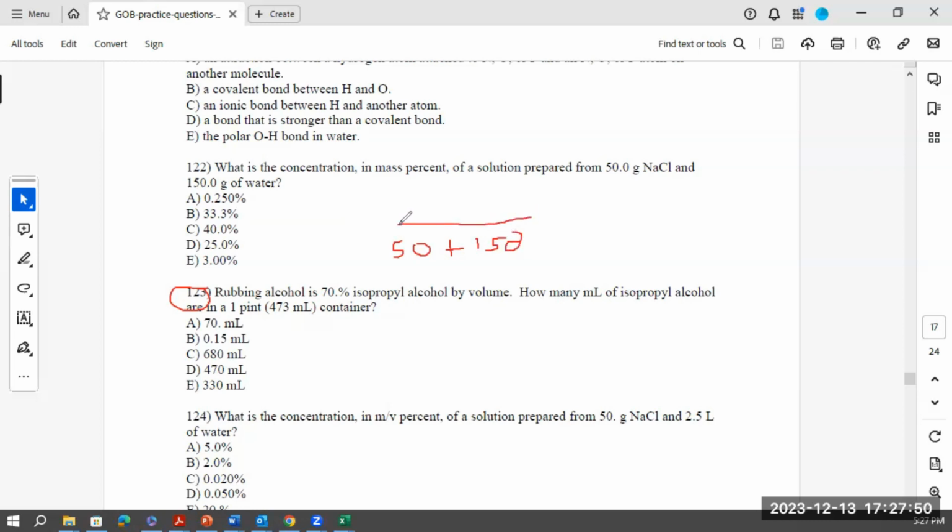And then that over 50, so that is what, 1/4 or 25%? Oh yeah, right away. Then we multiply it times 100. Good job.